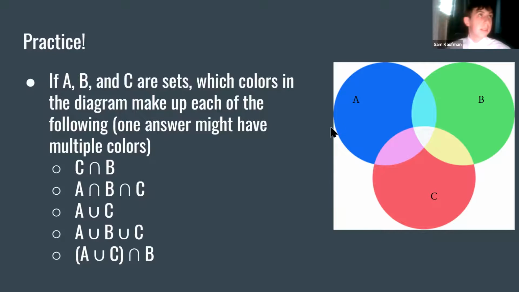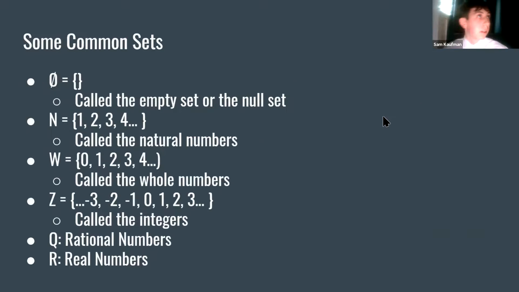All right, we'll move on. So this is a little bit more information. These are some common sets that you might see come up. If you have this 0 with a slash through it, that means a set with no elements in it. This is called the empty set or the null set. If you see an N, that's the natural numbers, which consists of 1, 2, 3, 4, and so on.